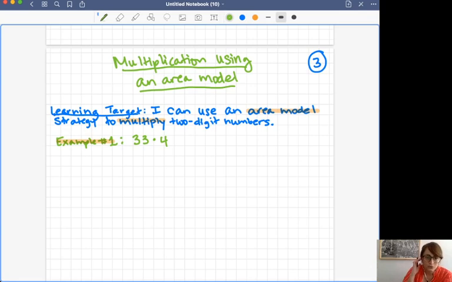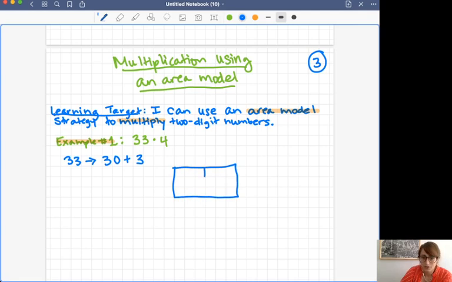So the first thing I do when I see a problem like this is I'm going to take my bigger number here, which is 33, and I'm going to chop it up into 30 plus 3. And then what I'm going to do is I'm going to draw a rectangle. It doesn't really matter what size your rectangle is.